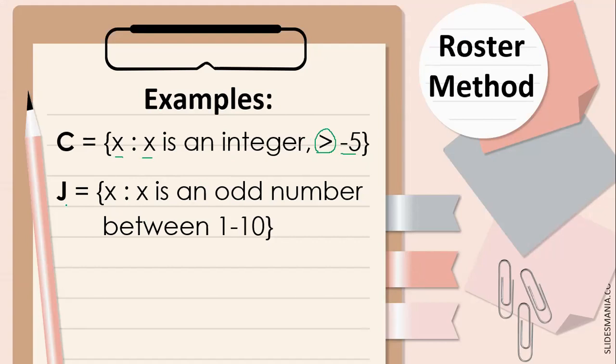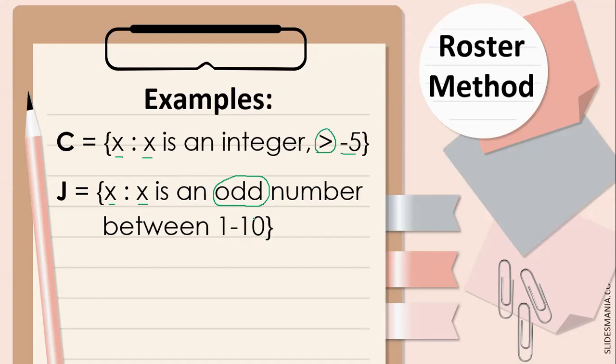Next, set J is equal to the elements of X such that X is an odd number between 1 to 10. Familiar ba dun sa mga odd numbers? Opo, yung nag-isa lang po, walang ka-partner, yung 1. Nag-iisa lang? Ano pa?